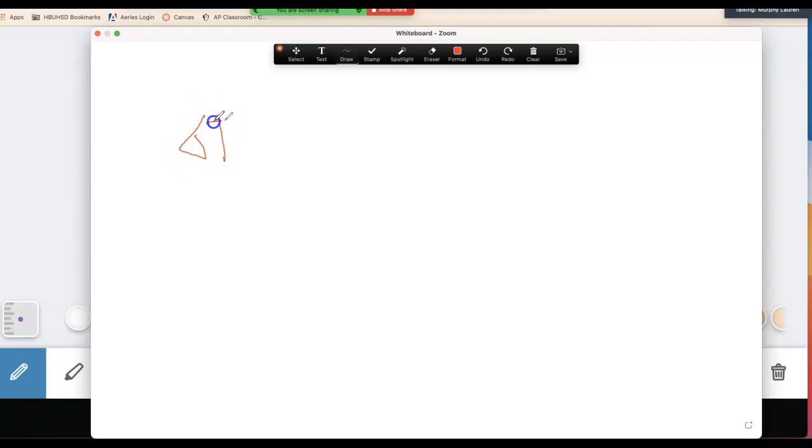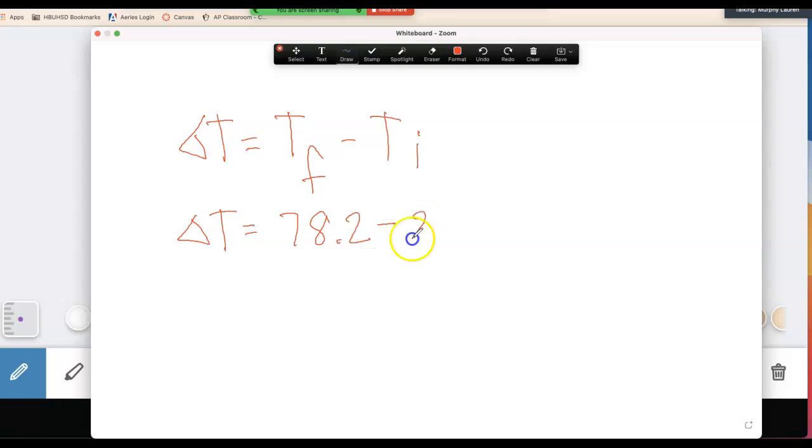So delta T is T final minus T initial. So change in temperature is 78.2, that was my final one, minus 20. That's it, we just subtract them. So what do you get? 78.2 minus 20. 58.2 degrees Celsius is the difference in temperature.